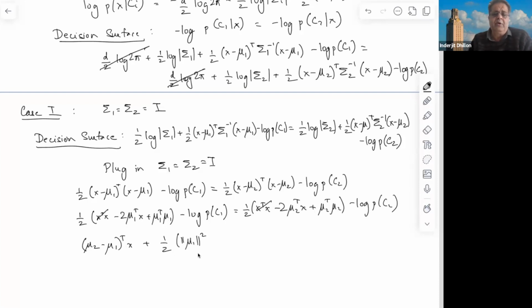Remember that if I don't put a subscript over here, it's the L2 norm, the sum of squares. Then I have a minus log of PC1 divided by PC2 equals 0.